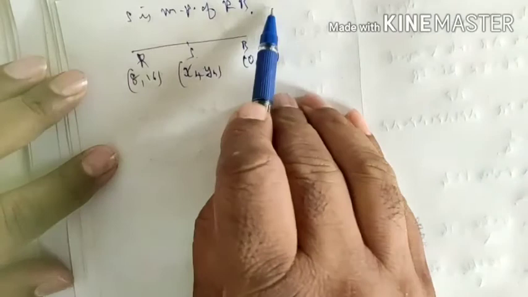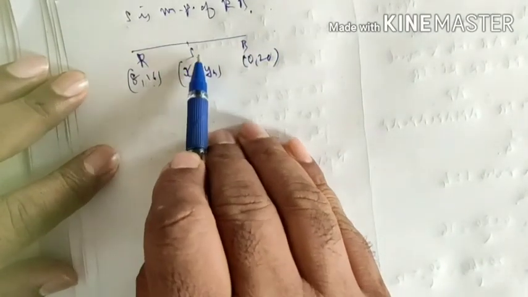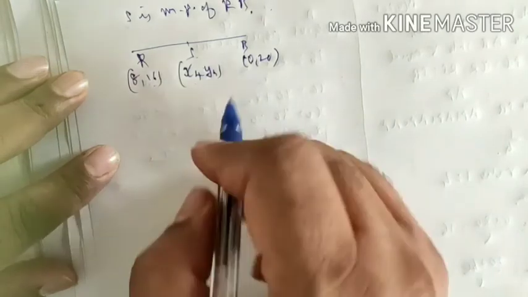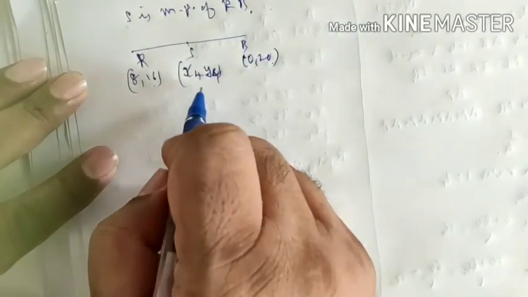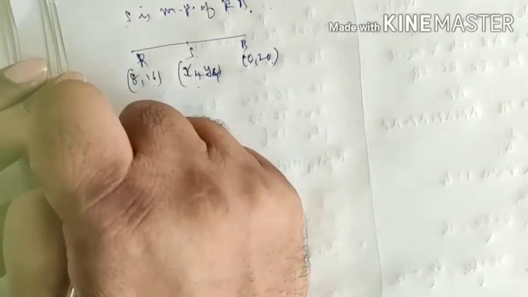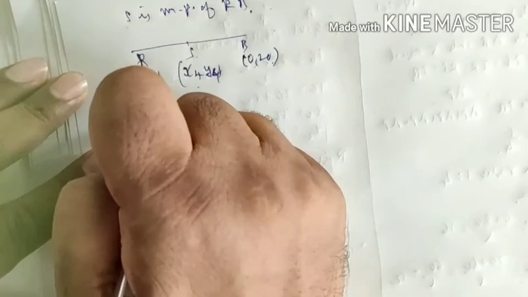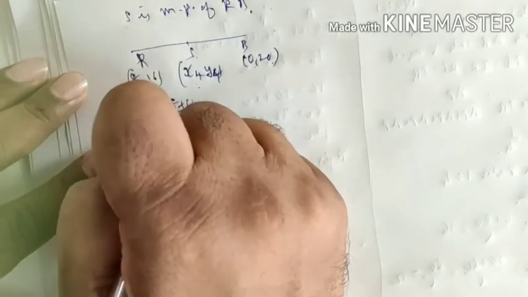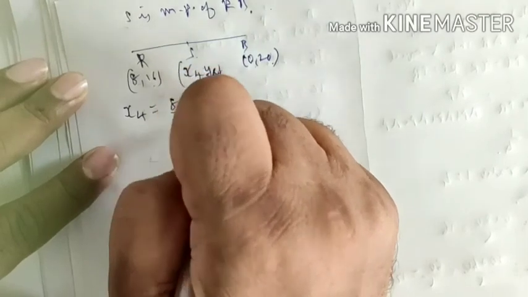See, S is midpoint of RB. Coordinate of R is 8, 16. Coordinate of S is x4, y4, and coordinate of B is 0, 20. Again, by midpoint formula, what we get? We get x4 is equal to 8 plus 0 upon 2. That is equal to how much? 4.